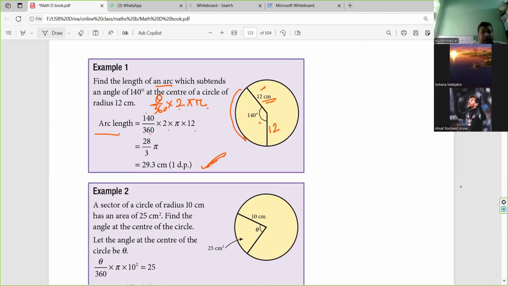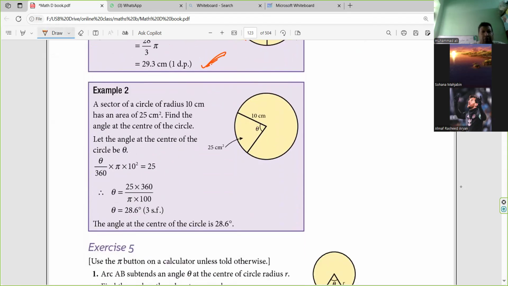Okay. And for sector, the sector of a circle of radius 10 centimeters has an area. They gave us the sector area is 25 centimeters squared. Find the angle at the center. So we have to write sector area equals theta by 360 degrees multiplied by pi r squared.